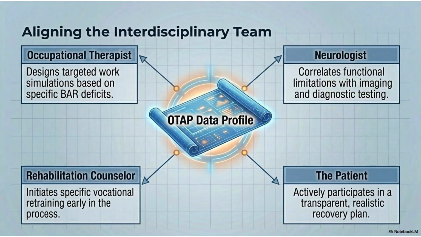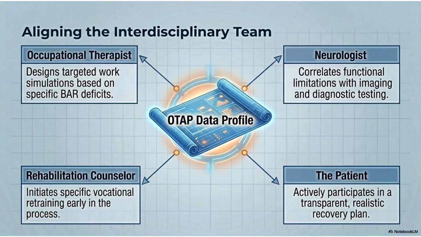This OTAP data profile is a vital blueprint for aligning the interdisciplinary team. It provides the occupational therapist with data to design targeted work simulations that can help us identify the need for accommodations in her new occupation. It helps the neurologist correlate functional limitations with diagnostic testing and determine her future need for medical care.